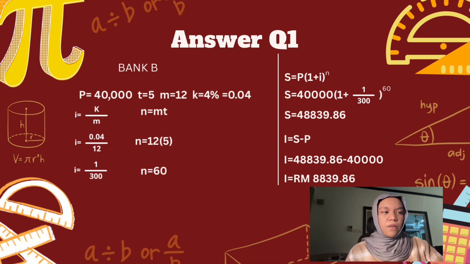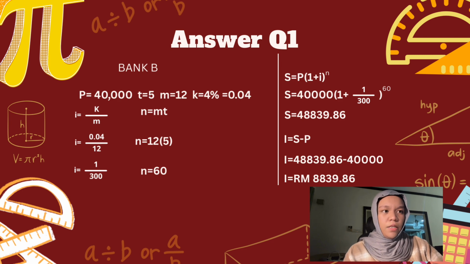And for I value, we will use the formula K over M, so we will get 0.04 over 12 equal to 1 over 300. And lastly, for N, we will use the same formula, which is N equal to MT. So N equal to 12 times 5 equal to 60.